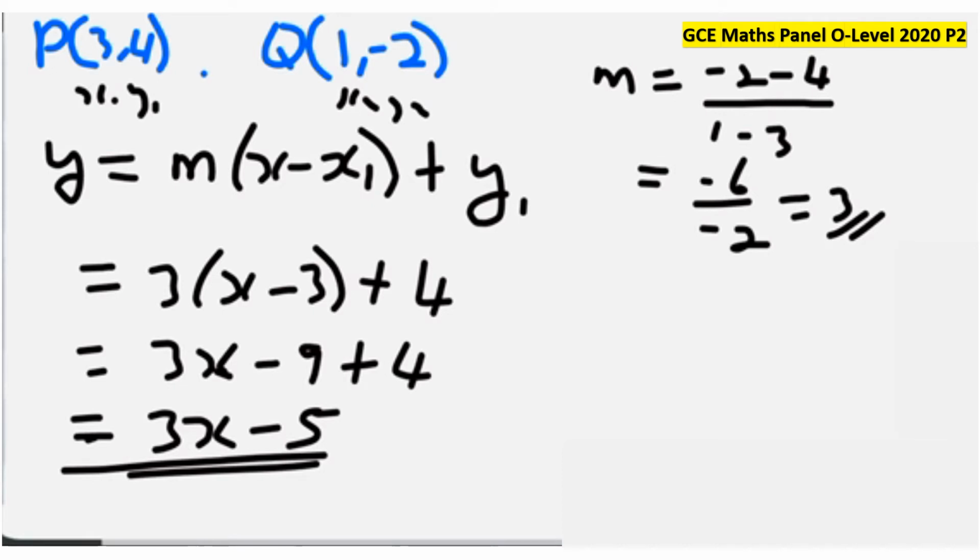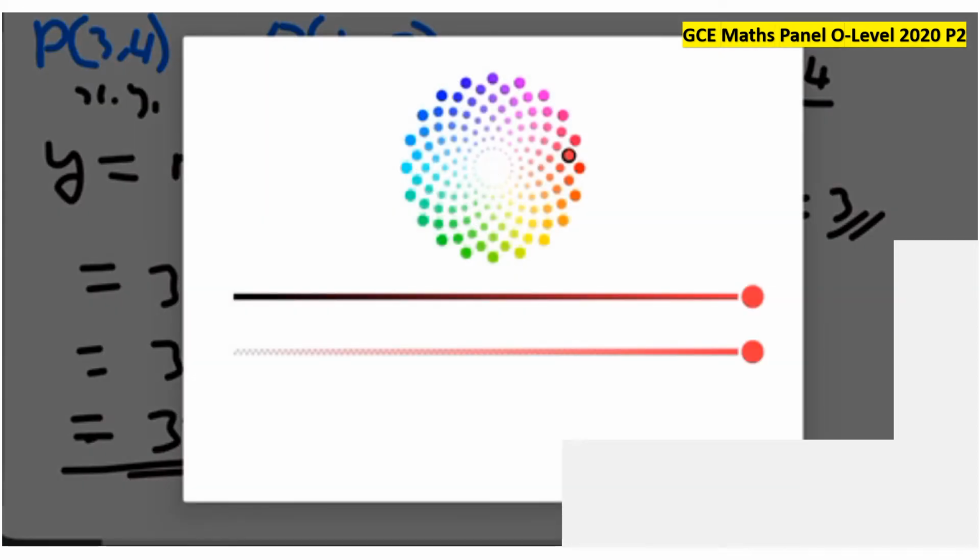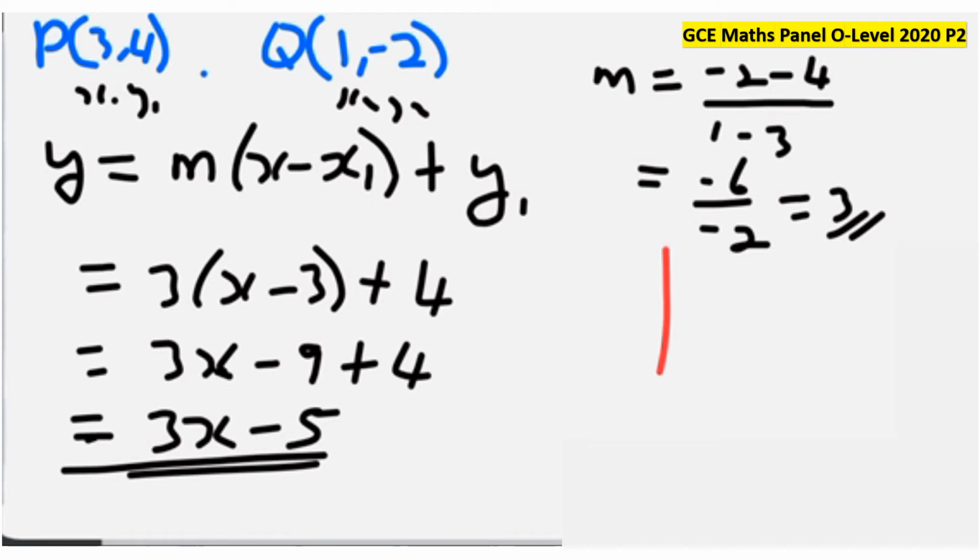Minus 5. This is very important because in part B we are being asked to find the coordinates of the point R. But what is the characteristic of the point R? We are told that this line meets the y-axis at R. So this will be the point R, since this is a positive gradient.